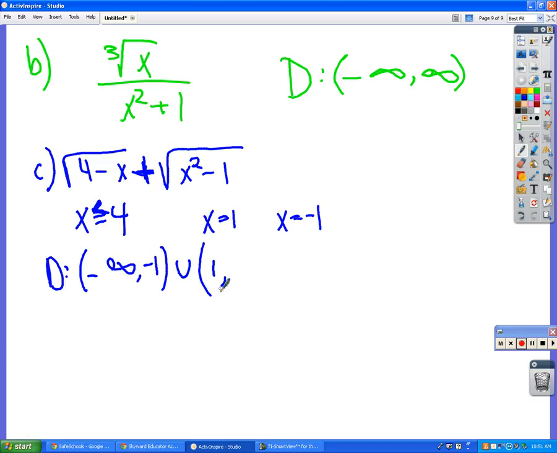So then I'm going to go from 1 to 4, because that has to be less than or equal to 4, and then I am done. Square bracket there. What about here? Would these be square, or should they be open? Can it be 1? Yes, so that means these should also be square.